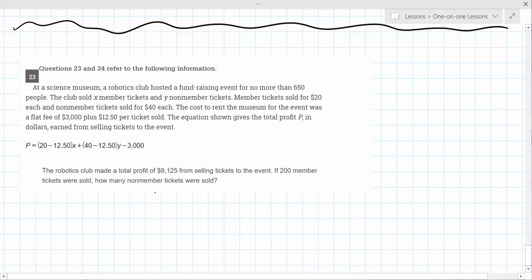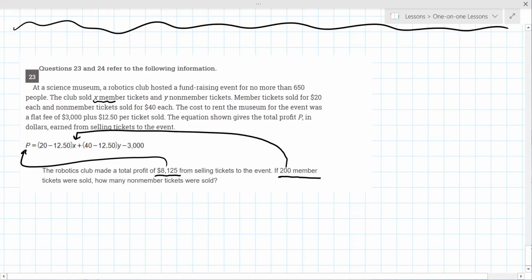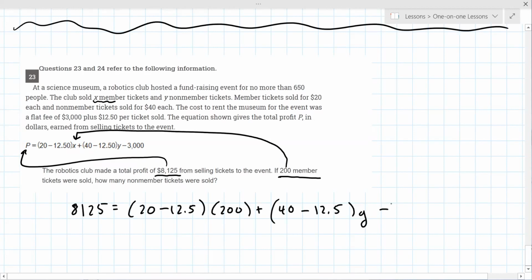Okay, well, they tell you the total profit, and I didn't even read this, but I'm guessing that's that right there. And if 200 member tickets sold, was that X or was that Y? Well, that's X, because I can go back and just read what's necessary. So that's X. So all of a sudden, this problem only has one variable left in it. 8125 equals 20 minus 12.5 times 200 plus 40 minus 12.5 times y minus 3000.